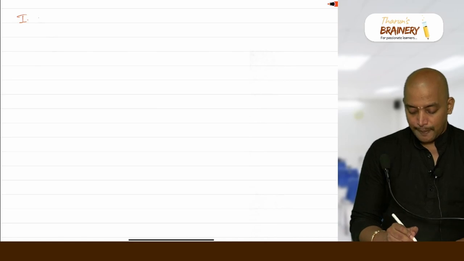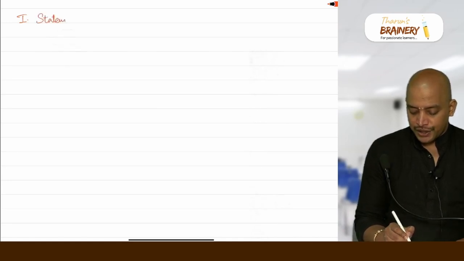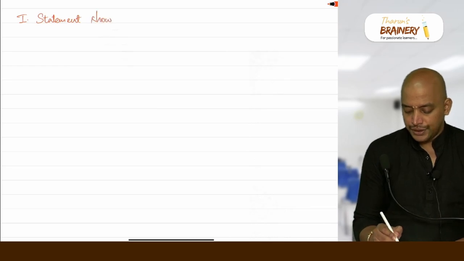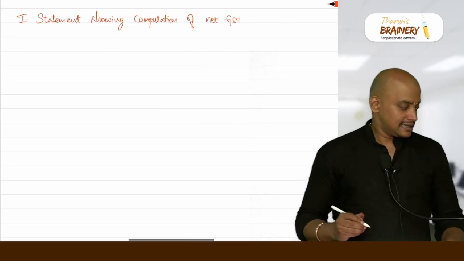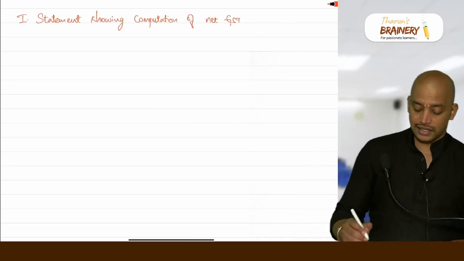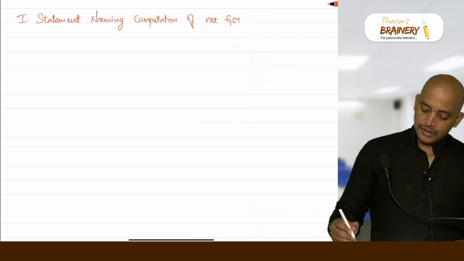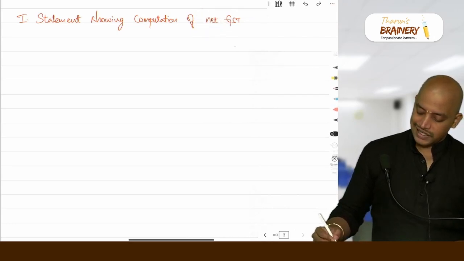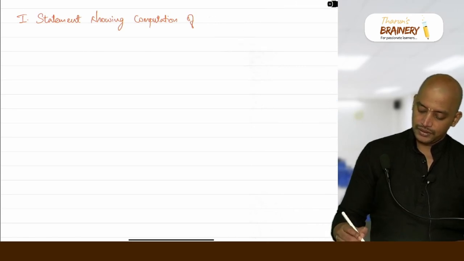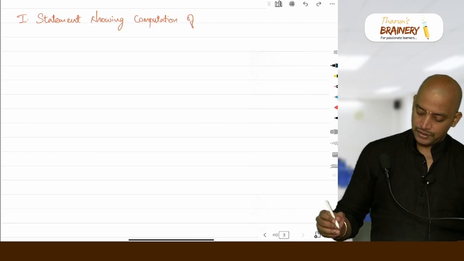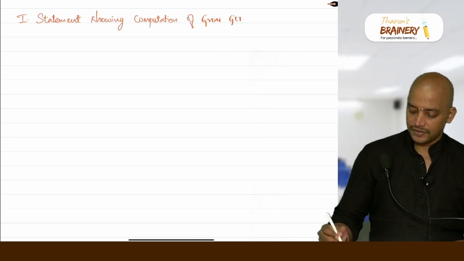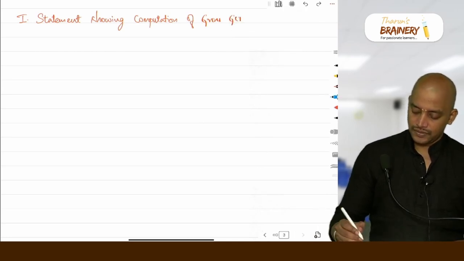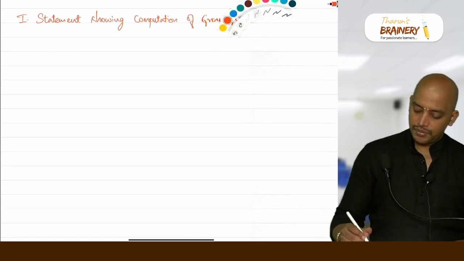The first statement is: statement showing computation of net GST, statement showing computation of gross GST payable.